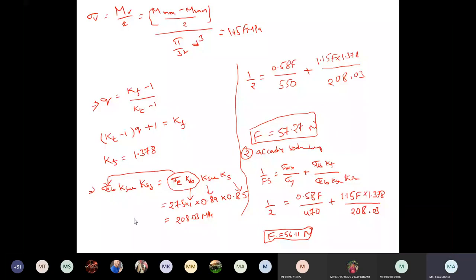Shall we move to the next problem or do you want to copy this one? Otherwise, take a screenshot. Such type of problem is very important.